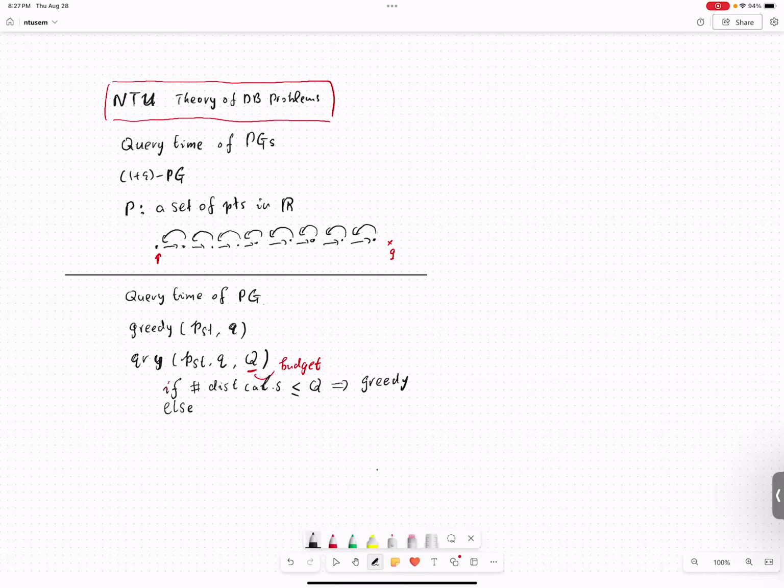For the shortcut property, my favorite way to explain it is to look at a figure.